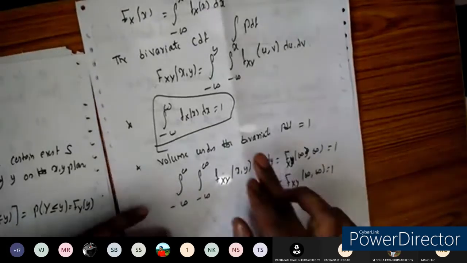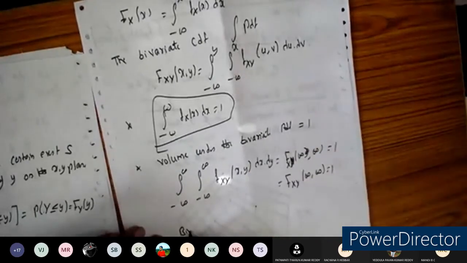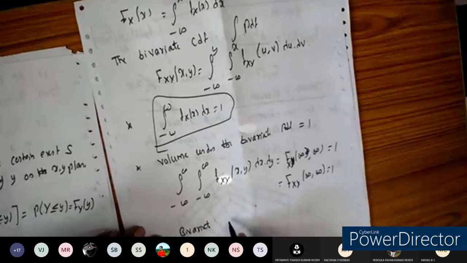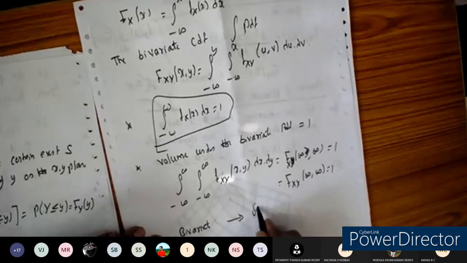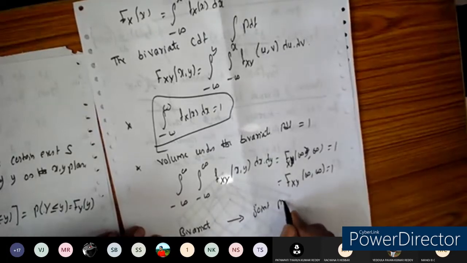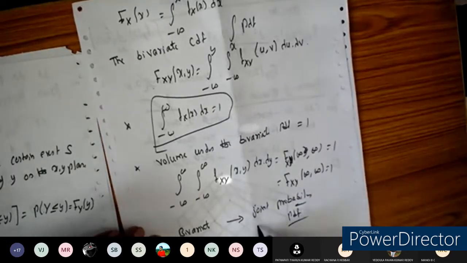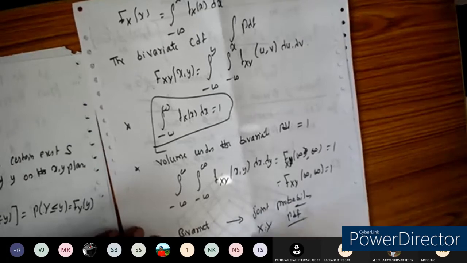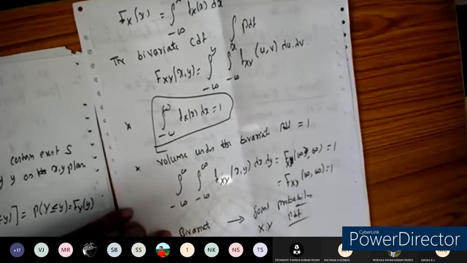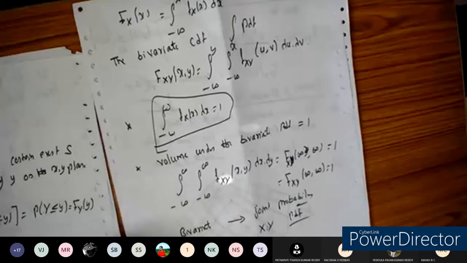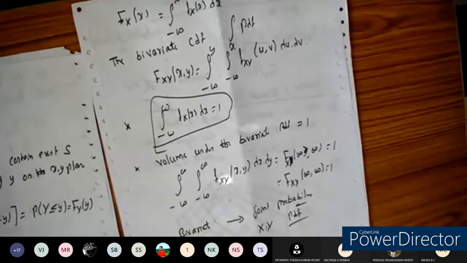In some other textbooks it is also called joint probability or the joint PDF, because it is the intersection of x and y, the product. So it is called joint random variables.